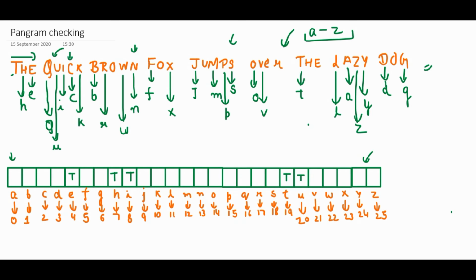Then I reached C, we will make it true. Then I reached K, I'll make it true. Same way I'll continue. B, making it true. R, making it true. O, true. W, true.